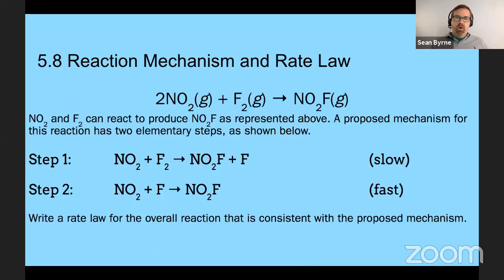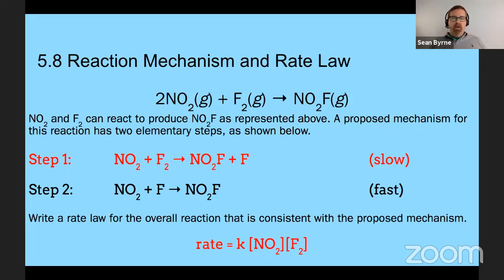Okay, here's one more example of this. We're given the overall reaction up above. We have a proposed mechanism that has 2 steps. Go ahead and write your rate law based on what's here. And again, we would identify that that's the slow step, or the rate determining step, and write our rate as k times NO2 times F2.